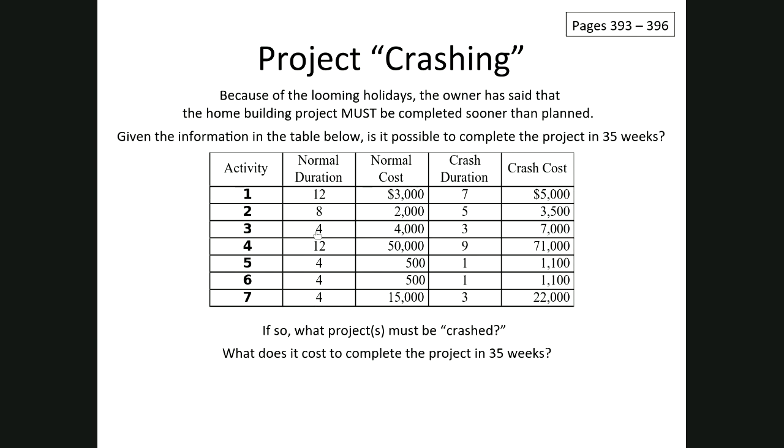But now we're also given the cost to complete each one of those tasks. So for example, it costs $3,000 to complete task 1, all the way down to $15,000 to complete task 7. But the new information, besides the normal cost, is these two columns where we have the crash duration and the crash cost. And these are important columns.